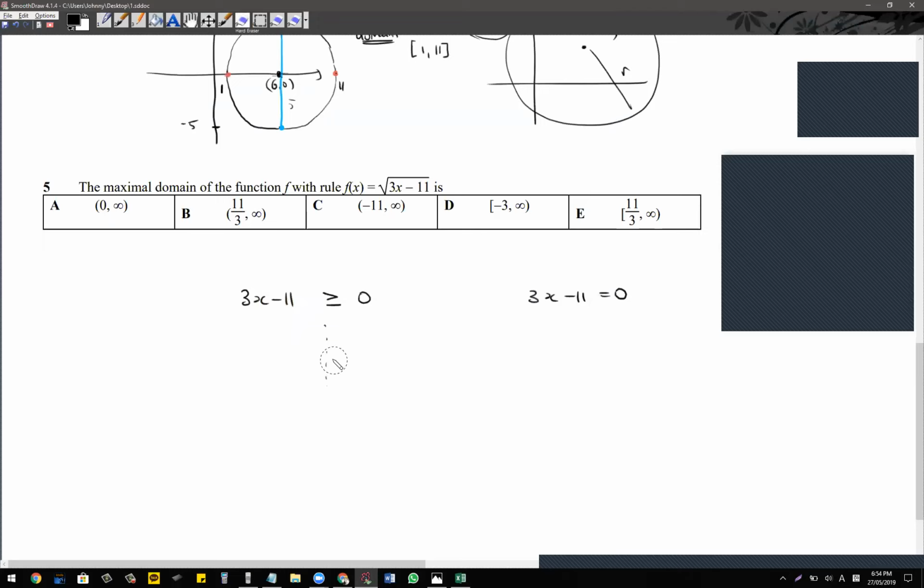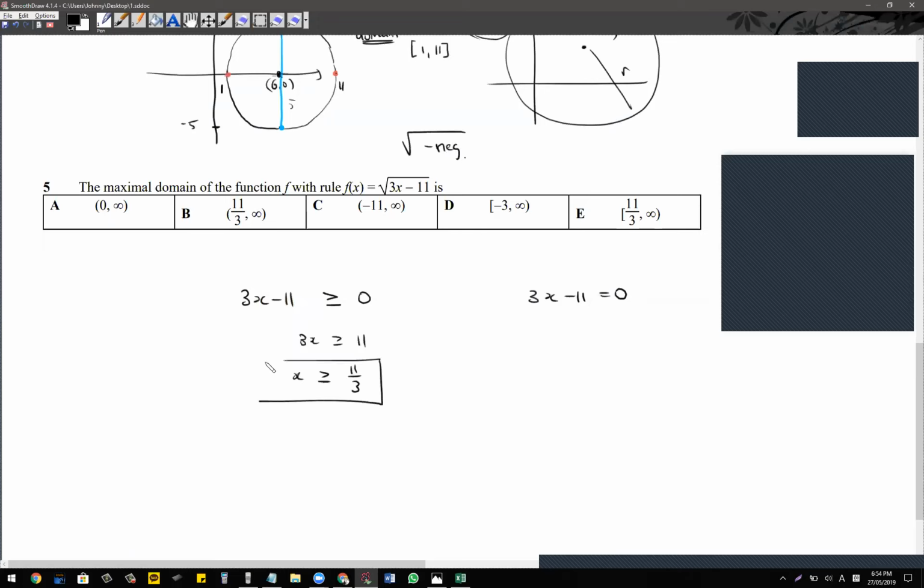Let's have a look. So you move this one to this side. So 3x is greater or equal to 11, and then x is greater or equal to 11 on 3. So as long as x is greater or equal to 11 on 3, then with this function you never get a negative sign here.